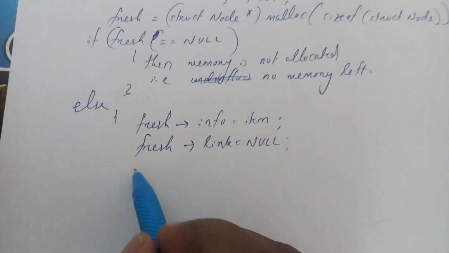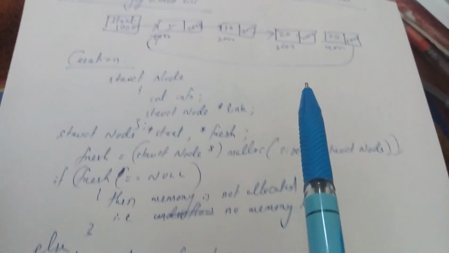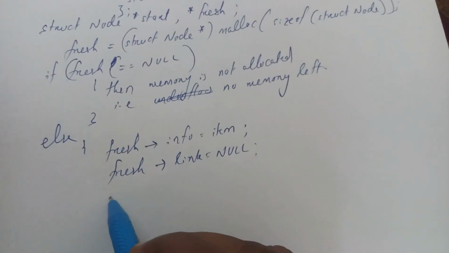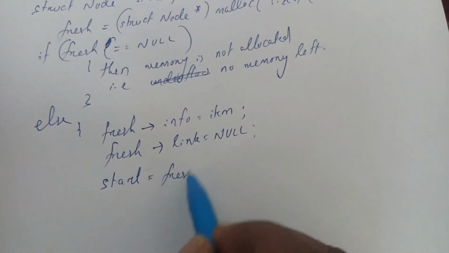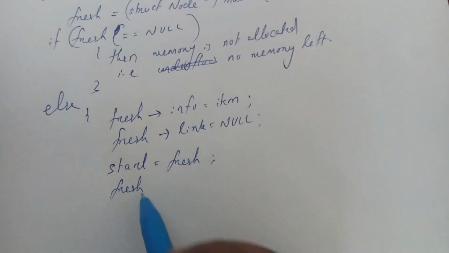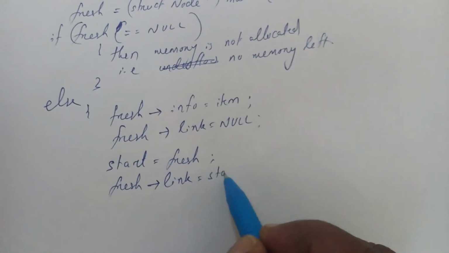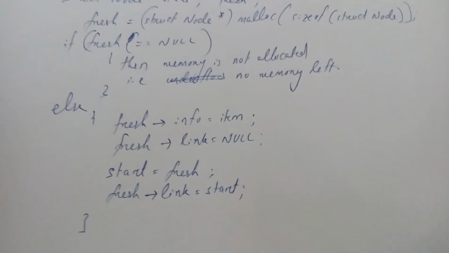As you are creating the circular single linked list, initially start has nothing. So start equals fresh, and fresh link equals start.